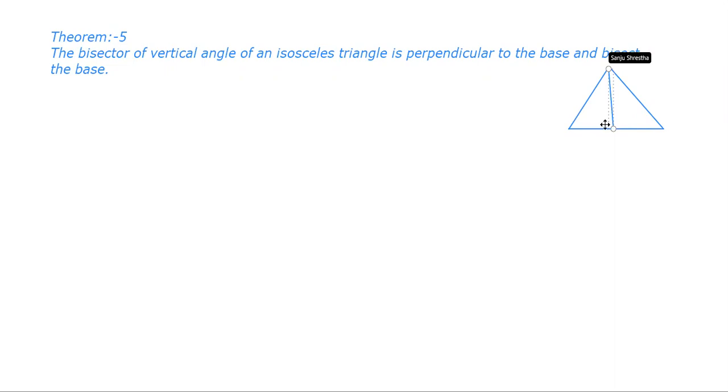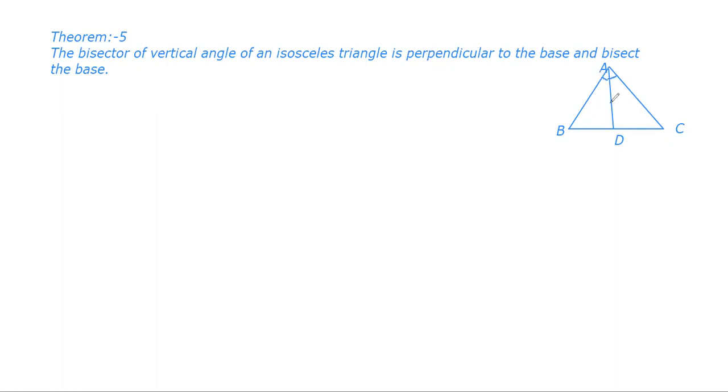These two are base angles and this is the vertical angle. Let's write here A, let it be B, let it be C, ABC, and let it be D. Now here it is given AD is the bisector, that is why this angle and this angle are equal.